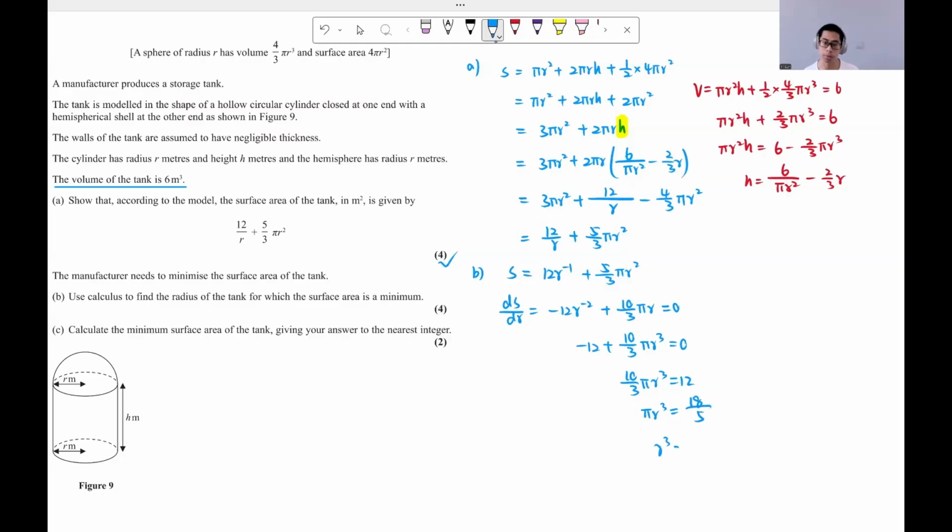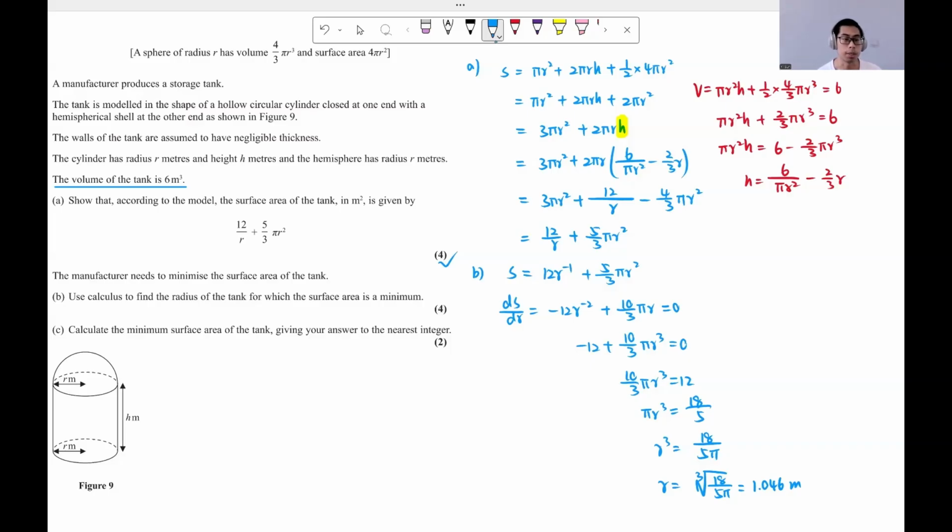Then r cubed is equal to 18 over 5 pi if we divide by pi on both sides. So r is equal to the cube root of 18 over 5 pi. Putting that in the calculator, that's equal to 1.046 meters. Okay, part B is done.